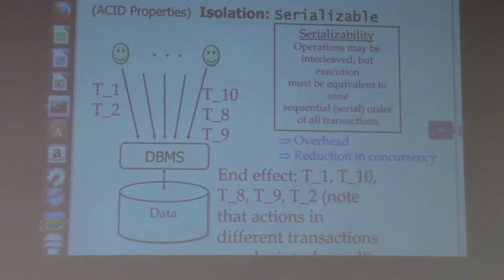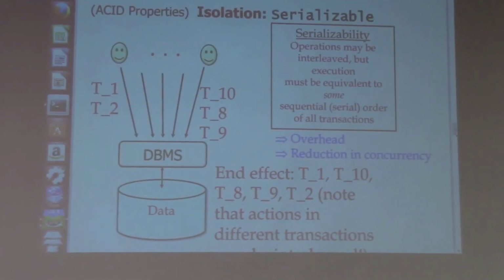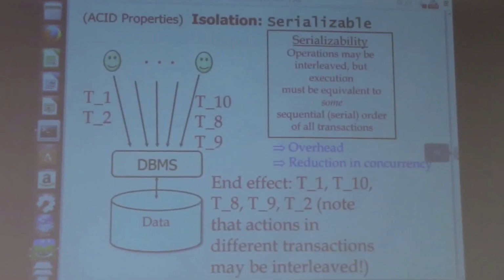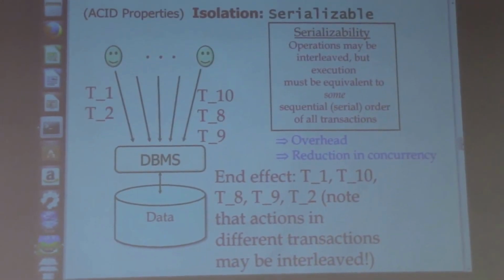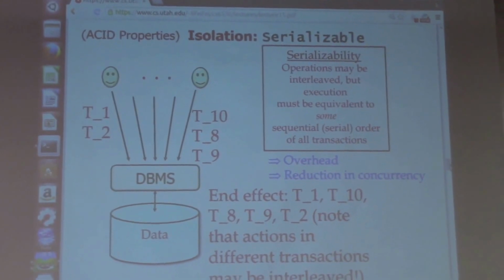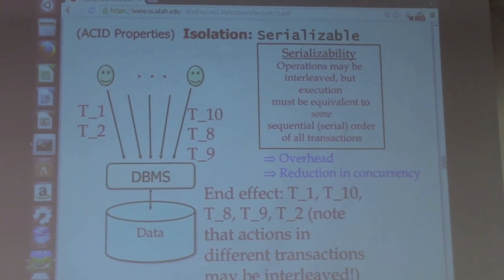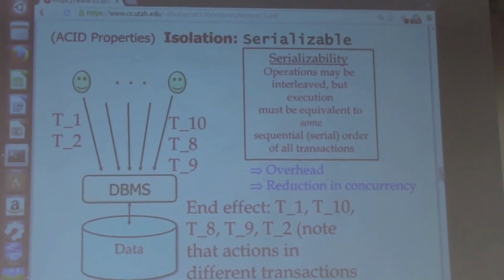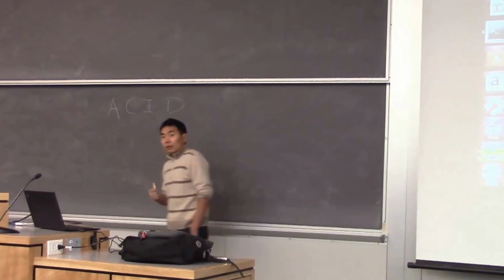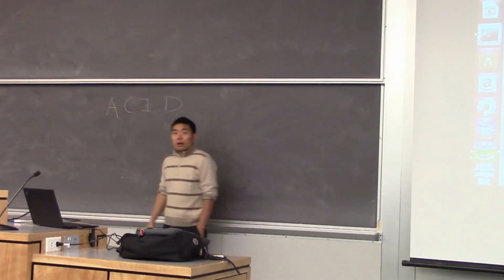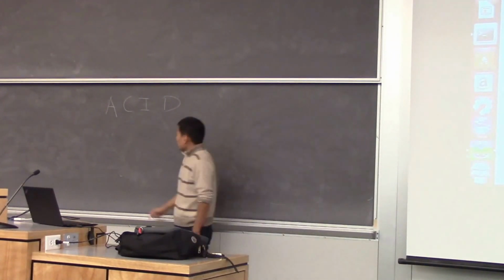Okay, so I believe this is where we stopped last lecture. I think by now we have a pretty good understanding of transactions. So in transaction, database systems try to ensure the ACID properties for the transaction in the system.